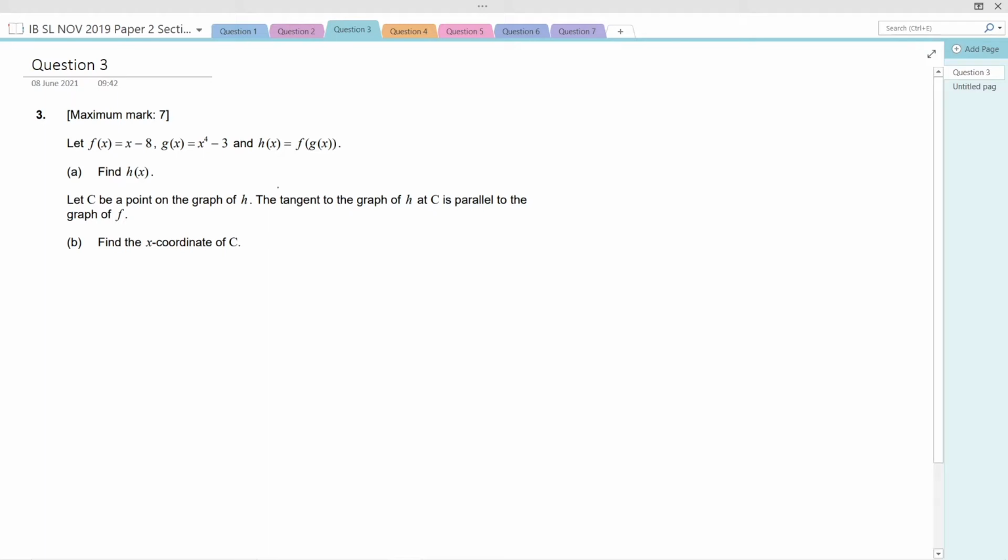Let's write down the facts: f(x) equals x minus 8 and g(x) equals x to the power 4 minus 3, and h(x), that is the composite function f of g(x), is equal to f of, now we are going to put down the value of g(x), that is x to the power 4 minus 3.